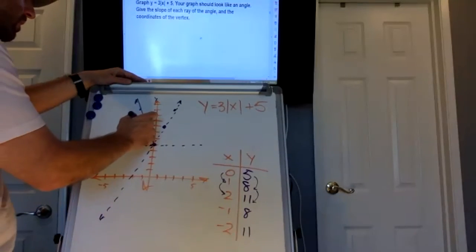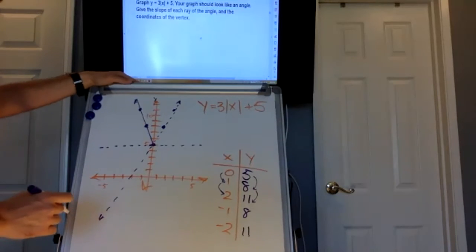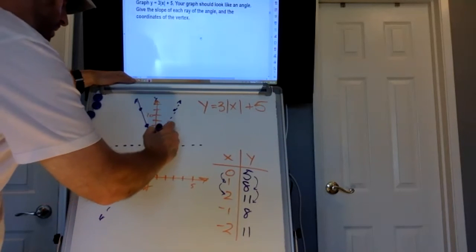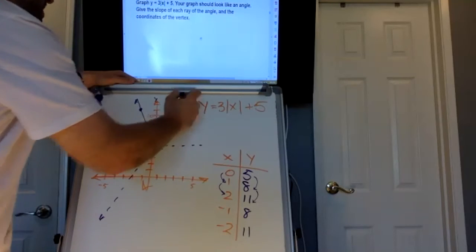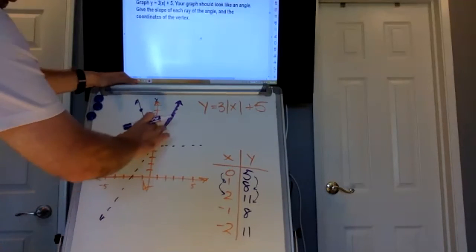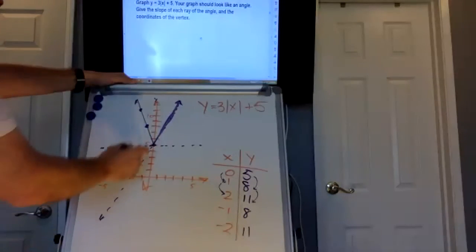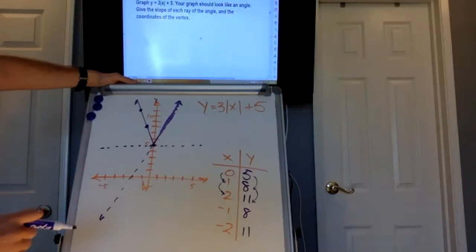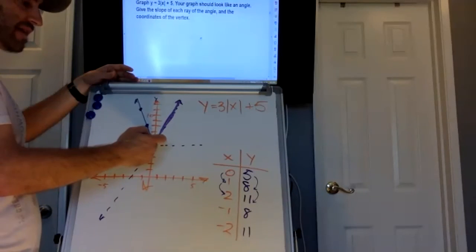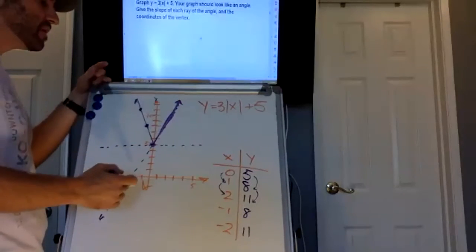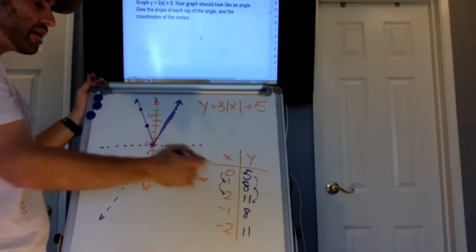Okay? All right? I'm going to make that solid because that's what the actual graph is. The dotted stuff is not the graph. This dotted would have been the graph if there was no absolute value there. Okay? What's the slope of this one? Of this ray? This is a ray because it has an endpoint and it goes in one direction. What's the slope of this? +3.